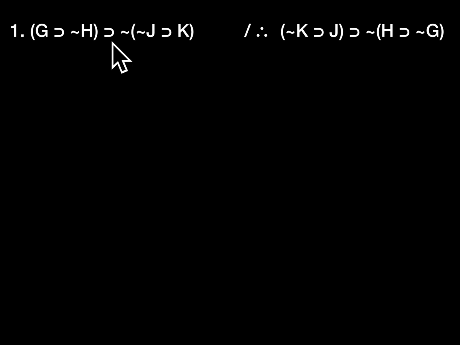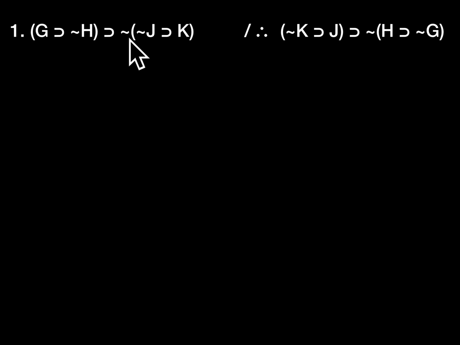And the entire statement is as well. So this whole thing is a conditional, this whole thing is a conditional, and we've moved this to the end and negated it, and we've moved this to the beginning and negated it. In this case, we negated it by subtracting the tilde.